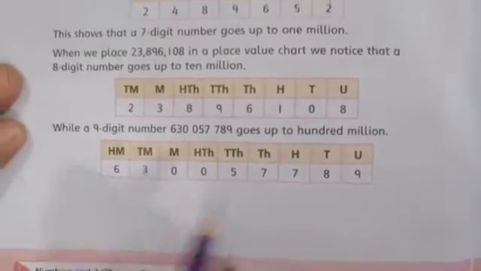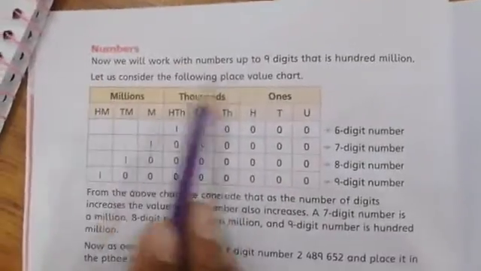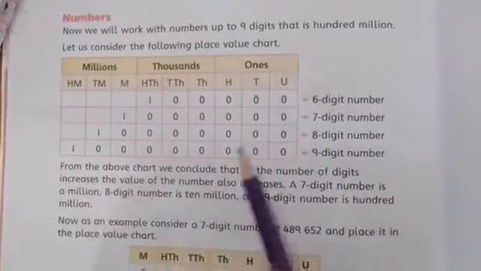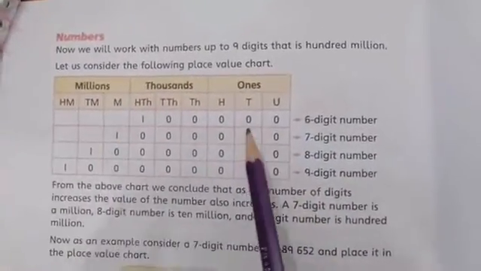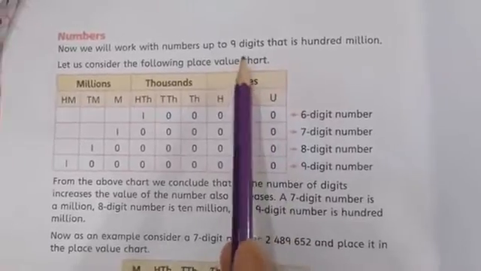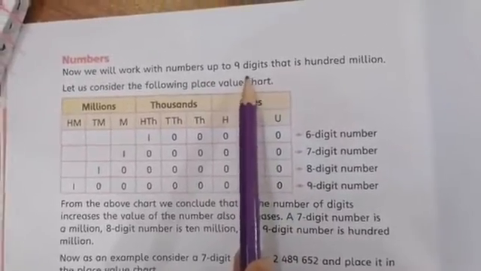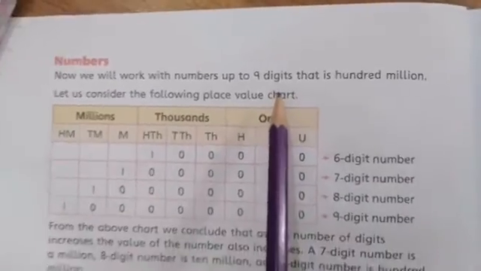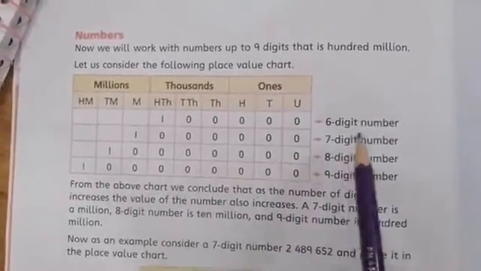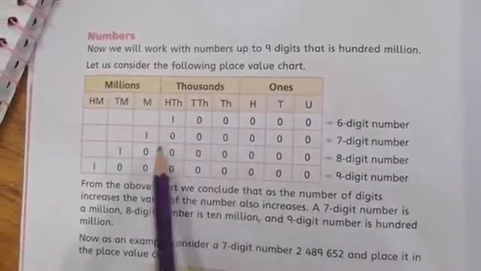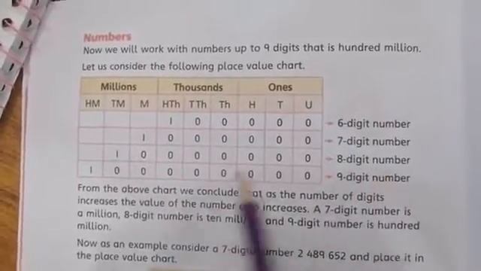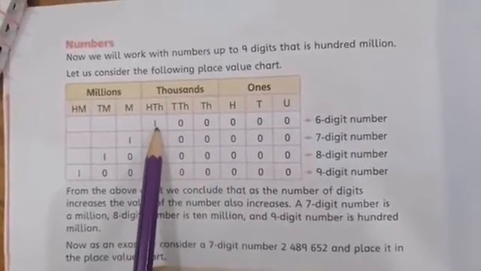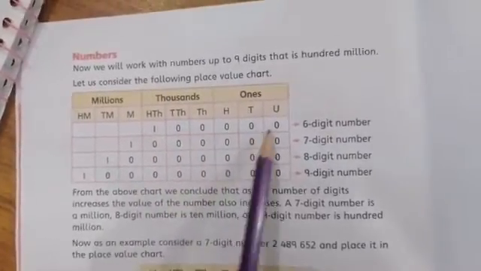On page 2 we have information about numbers and their place values and how to write numbers in the place value table. We have already learnt about the smallest 9-digit number and the biggest 9-digit number. In this table 6-digit, 7-digit, 8-digit, and 9-digit numbers are given. In the first column you see 100,000, a 6-digit number.